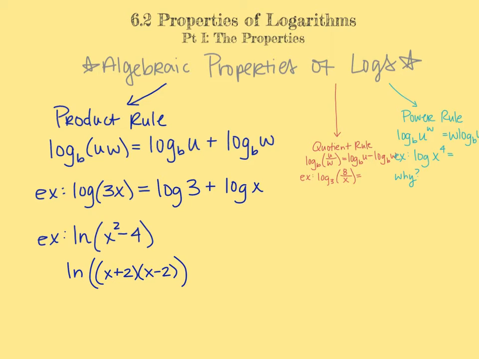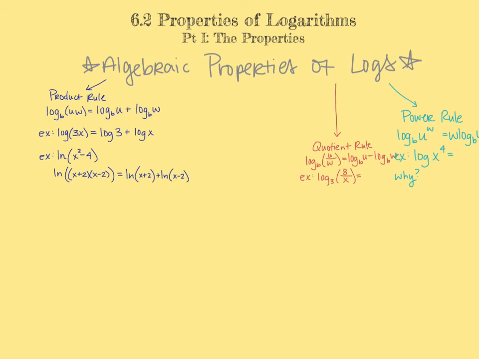And now it is a product where u is x plus 2 and w is x minus 2. So we can now expand it using the product rule. So this is really the natural log of x plus 2 plus the natural log of x minus 2. So the product rule and the other two algebraic properties that we'll get into work for both logs and natural logs, ln.